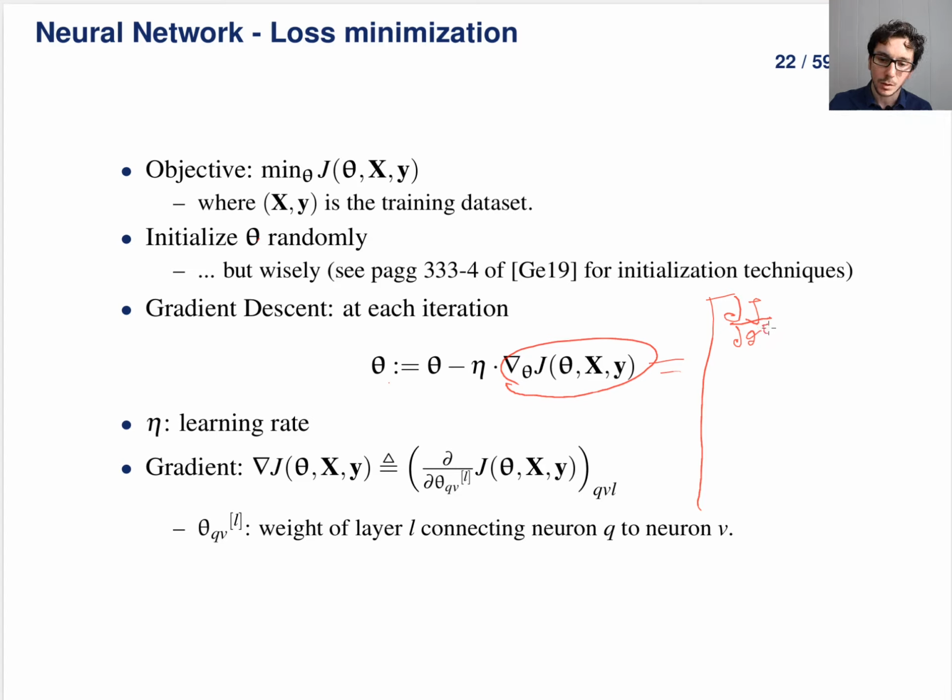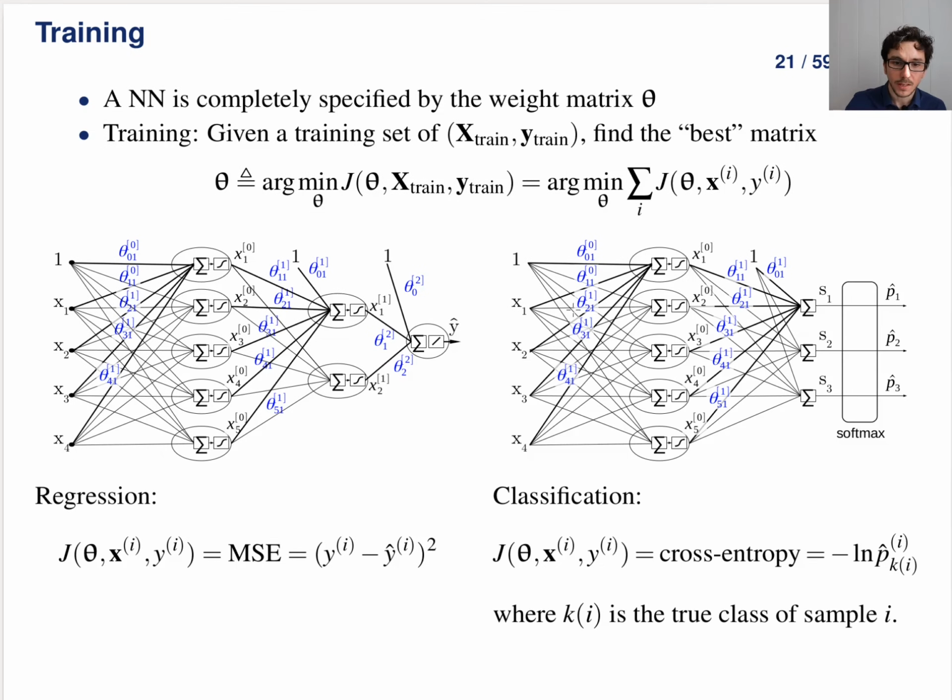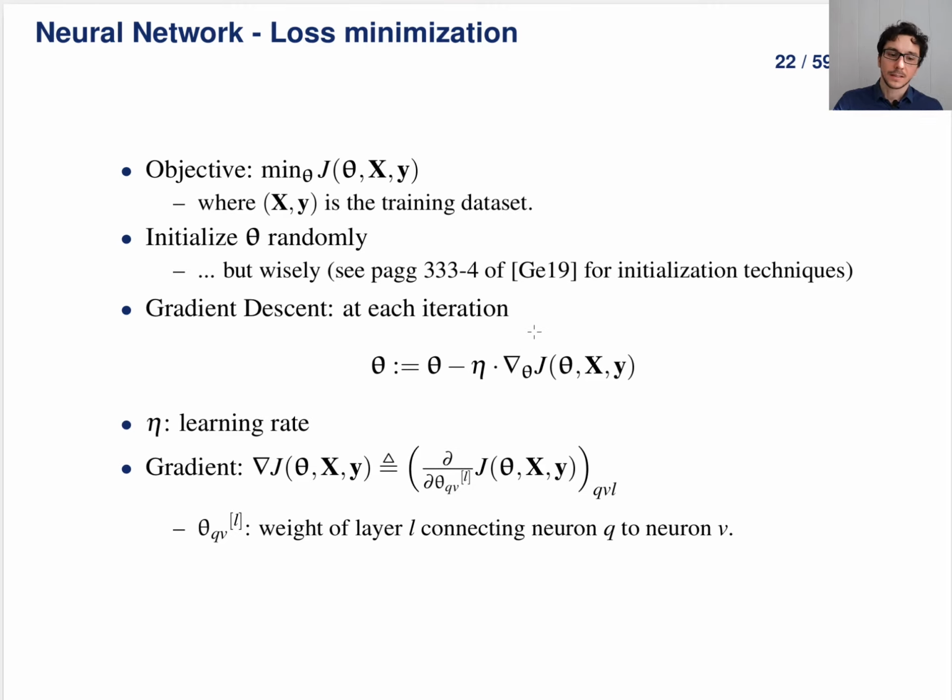So we have the derivative with respect to the weight of layer 0 exiting from neuron 0 going to neuron 1, then the derivative with respect to the weight exiting from 0 and going to 1, etc. So if we come back to this, we have to compute the derivative with respect to this parameter, to this, to this, and to all the parameters. So the gradient is a big vector, as big as the dimension of the parameter.